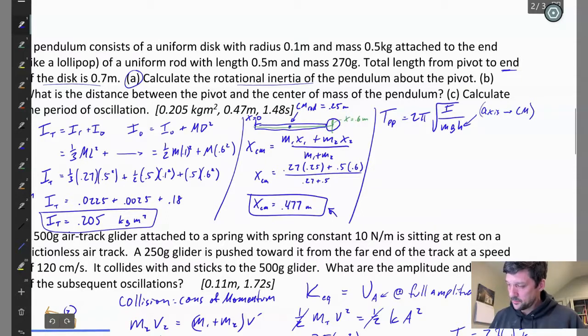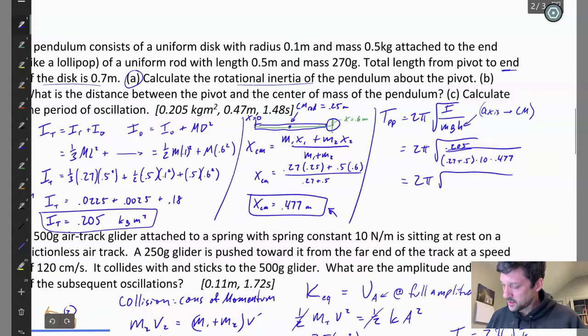This is h. So now we can just plug these values in. We get 2 pi times the square root of 0.205 over total mass, which is 0.27 plus 0.5, times g, which is 10, times h, which is 0.477. 2 pi times all that stuff.